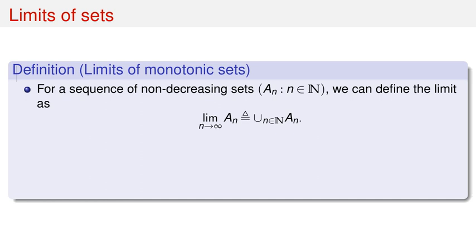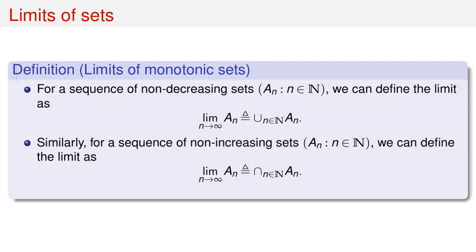First, limits of monotonic sets. For a sequence of non-decreasing sets A_n, where n is in the naturals, meaning A_n is a subset of A_{n+1} for all n, we define the limit as n approaches infinity of A_n as the union over n in the naturals of A_n.